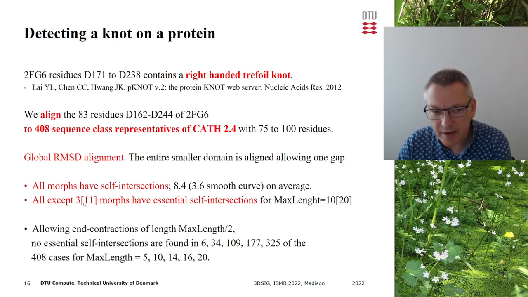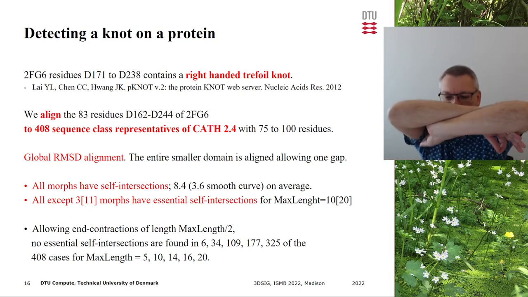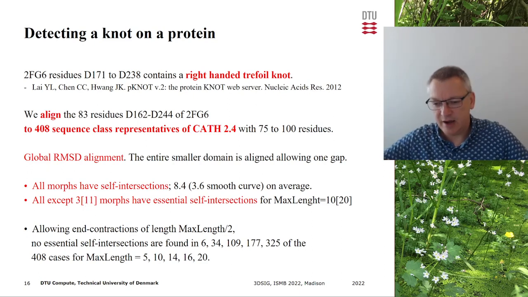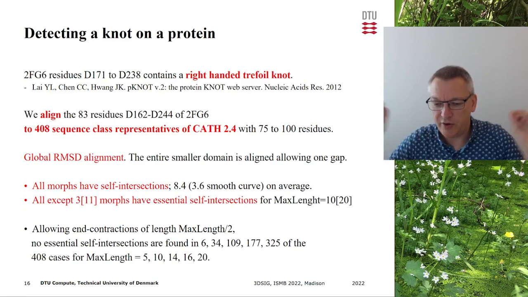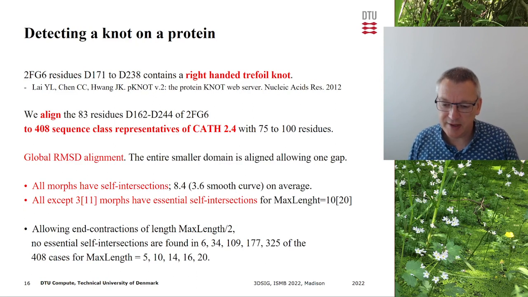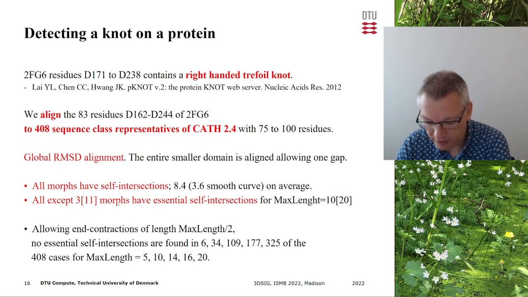There are only a few cases where the original morph did this thing that the ends go through a very large motion and unknot the structure. So you really need to be lucky that the ends go out through the loops in the knot and untie the knot. Then it's possible to find a self-avoiding morph from a knotted to a non-knotted structure.